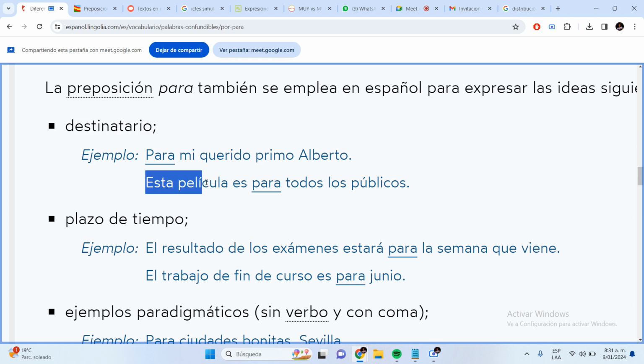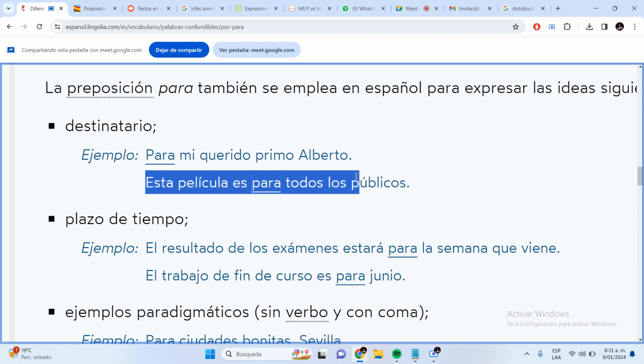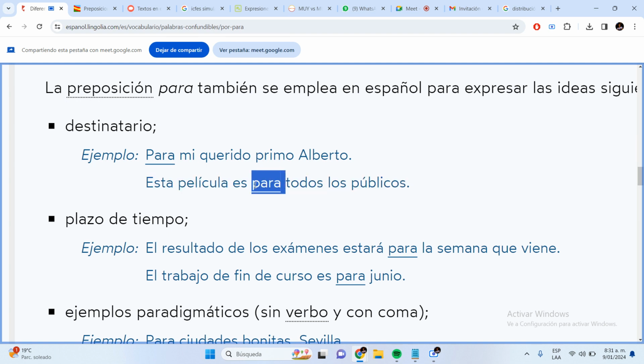And also we have esta película es para todos los públicos, because every person can watch that movie, so you can use para because you can see todos los públicos as the receiver and esta película as the thing you're giving.